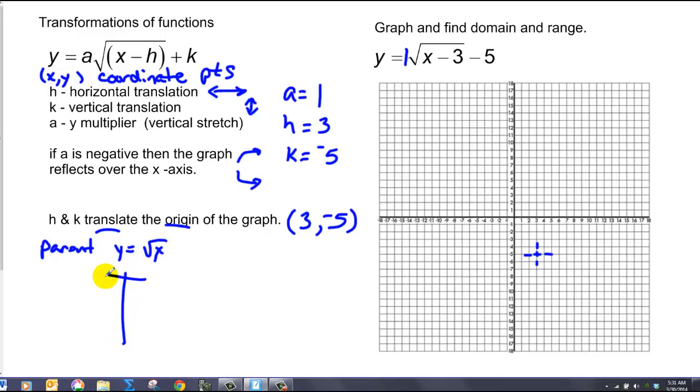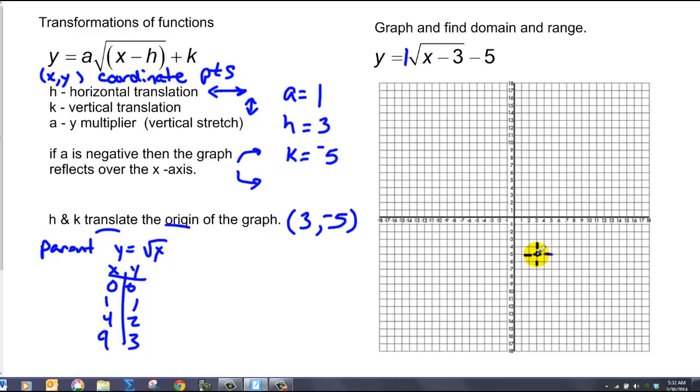We know the parent function has x and y values 0, 0, 1, 1, 4, 2, 9, 3. And if I graph those values from this new origin, I'm going to get the graph of this function here.